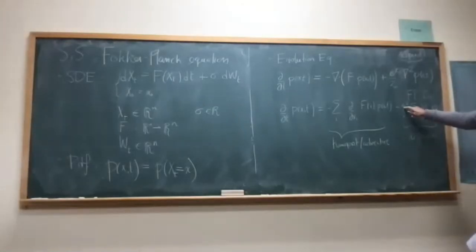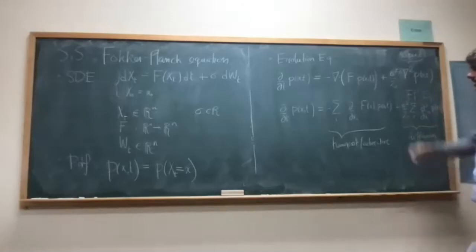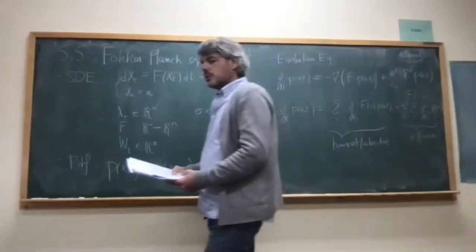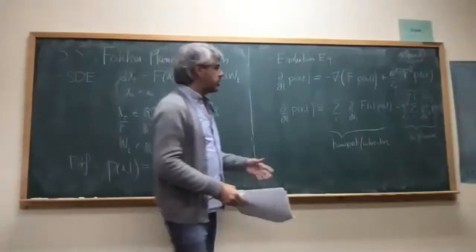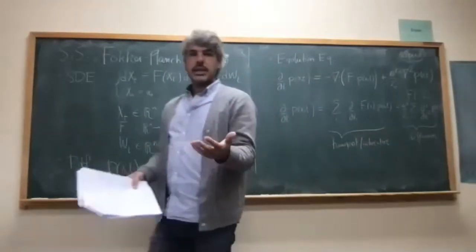Okay, then you see it's multiplied by sigma squared, so the more noise you have, the more important this is, and diffusion always comes with the Laplacian. So for instance, if you look at a drop of water that you put into water, then this is pure diffusion. You know the equation in terms of diffusion, it's the Laplacian.